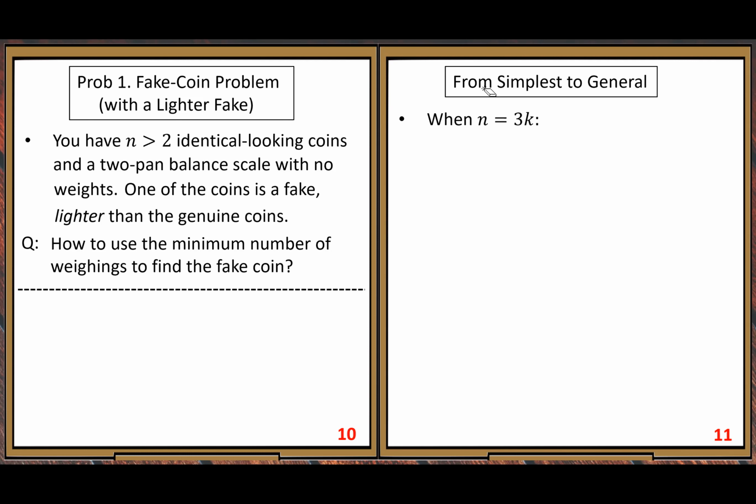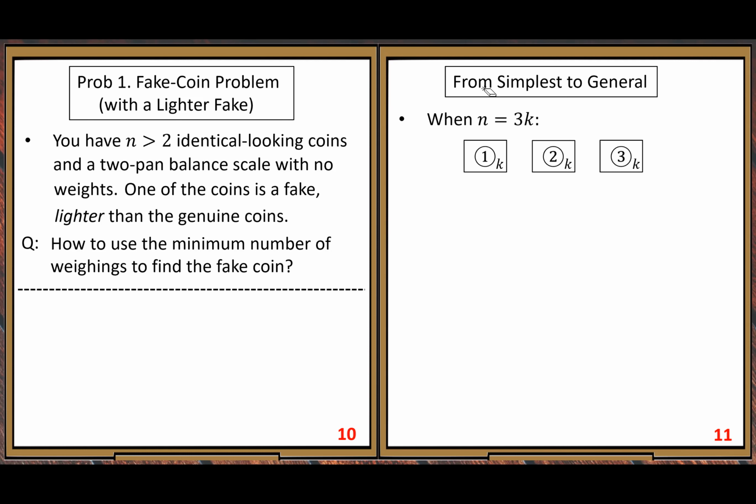So n equals 3k, remainder 0. The 3 groups are even groups, like this: 1, 2, 3. I put subscript k, so each group has k coins.